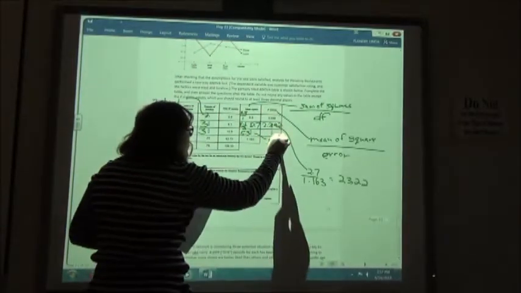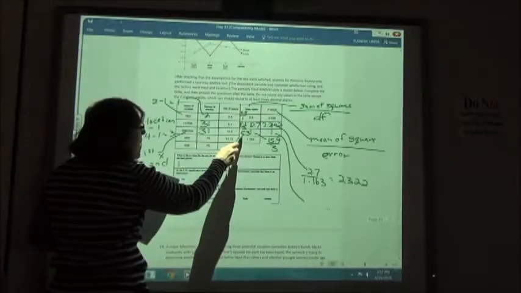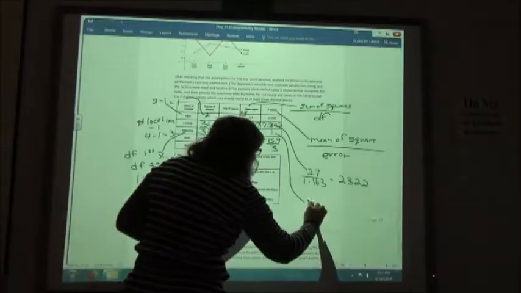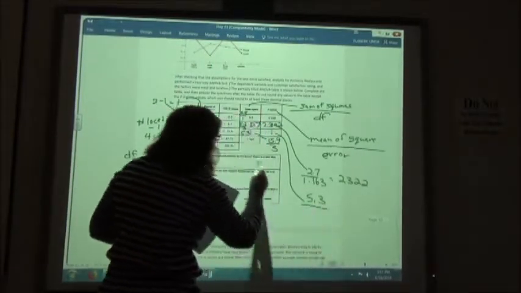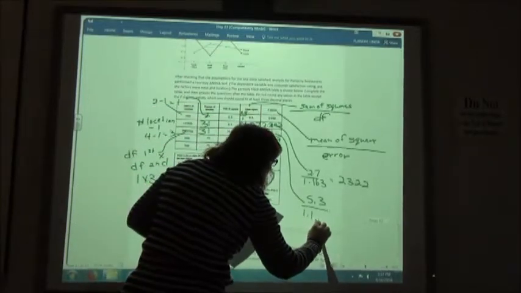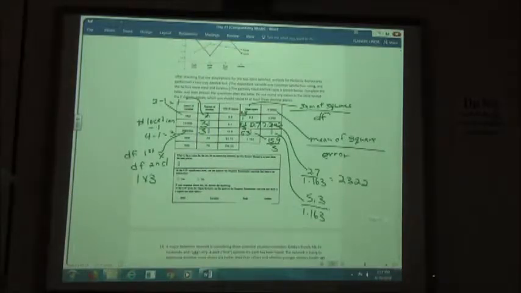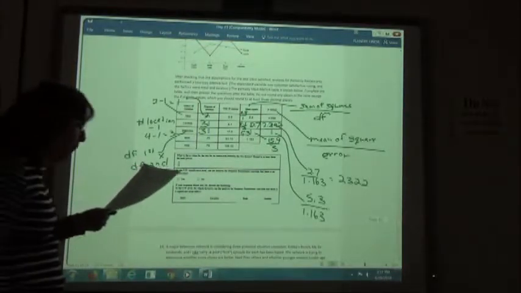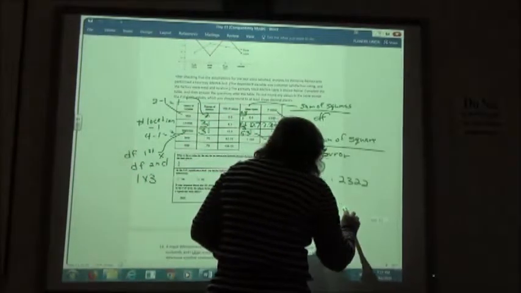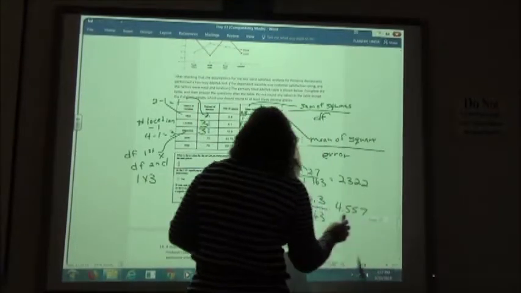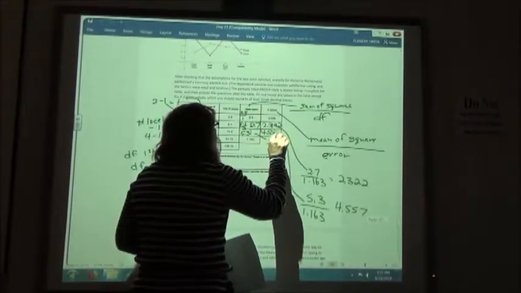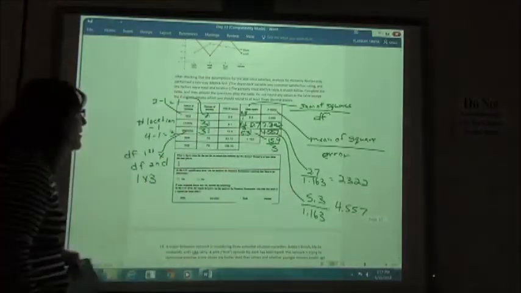And then on this one here, we're going to take our mean of square 5.3 divided by the error 1.163. If you take your 5.3 divided by your 1.163, you get 4.557. So 4.557 goes in that box.